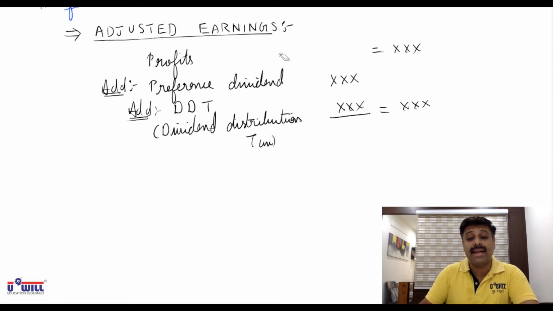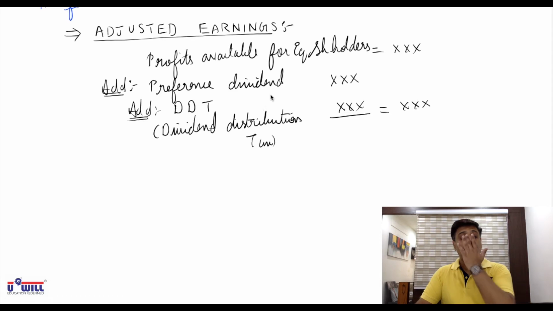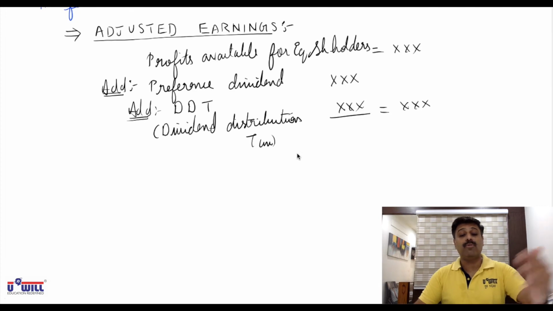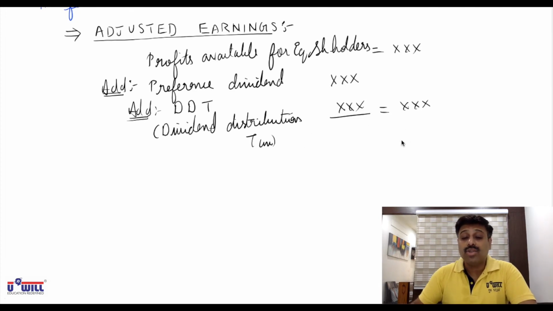In fact, I would like that instead of profits after tax, you mention profits available for equity shareholders. Profits available for equity shareholders. Now that profit available for equity shareholders will increase by preference dividend as well as dividend distribution tax, because if company does not pay preference dividend in future, then company also does not have to pay dividend distribution tax on that. So total profits available for equity shareholders will increase by the sum of both the amounts.